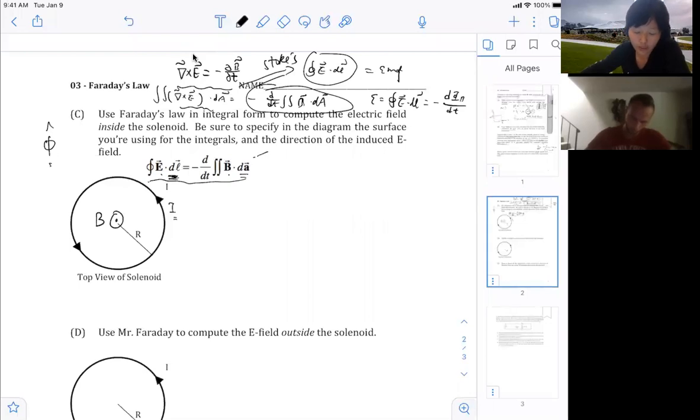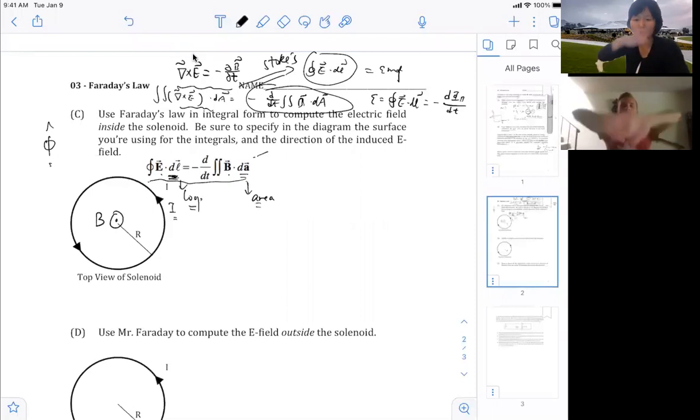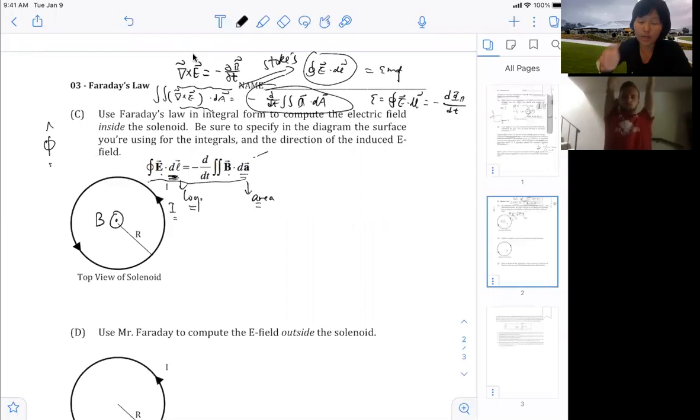B is coming out of the page. So the dA is an area bounded by this loop. So this is a loop and this is area. An area could be pointing up or down depending on your loop. Which way are you bounded? Which way the loop is going.